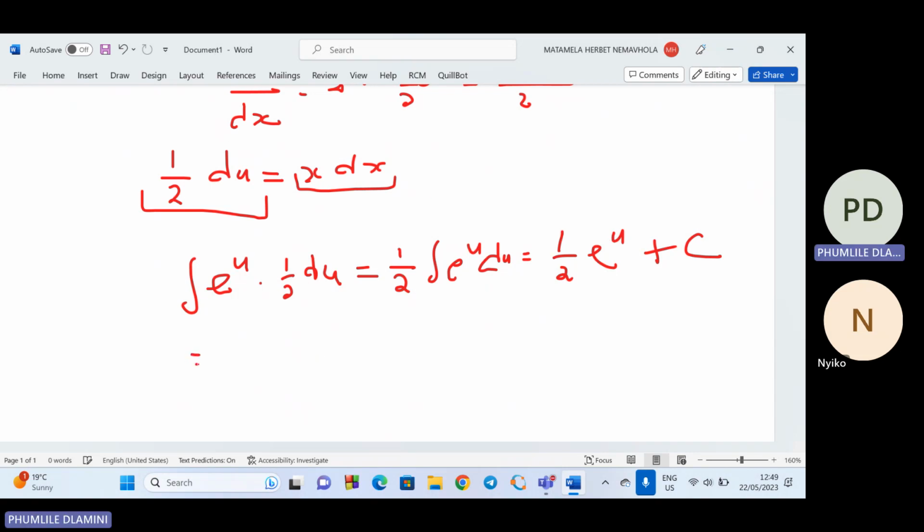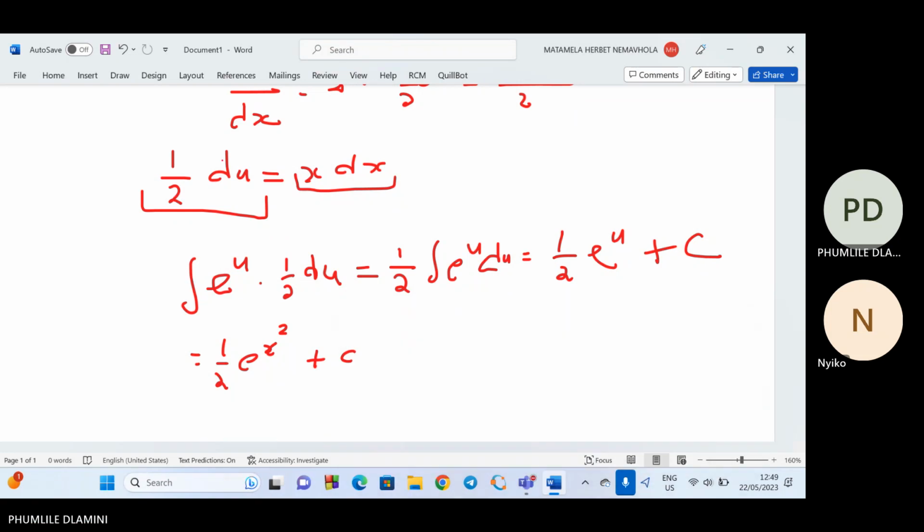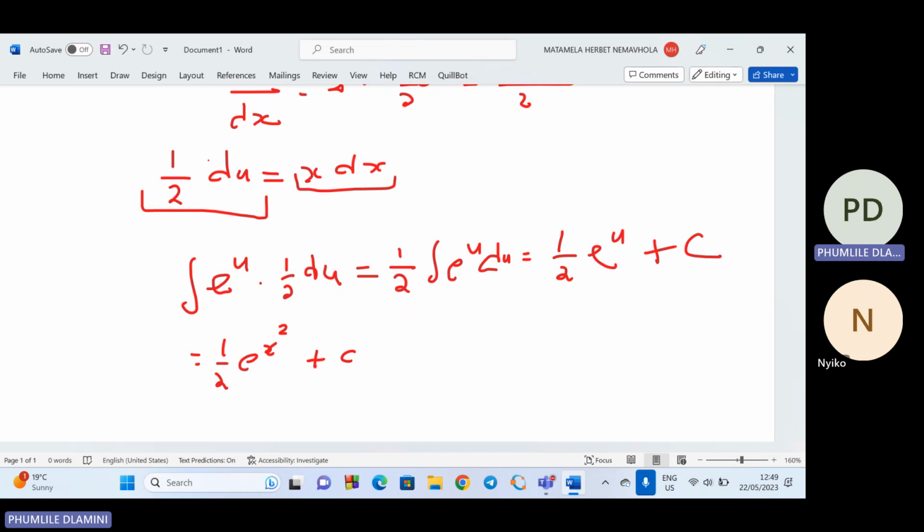So the answer is 1 over 2 e to the power x squared plus constant. So that's how normally we do it.